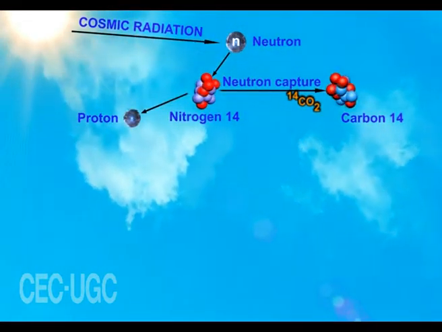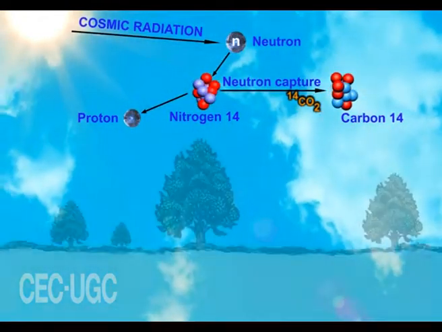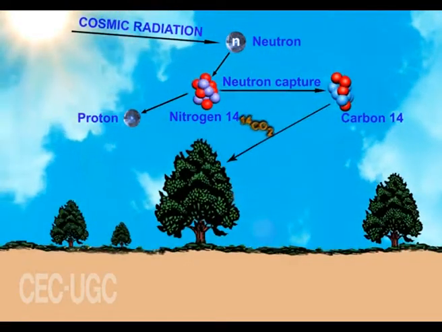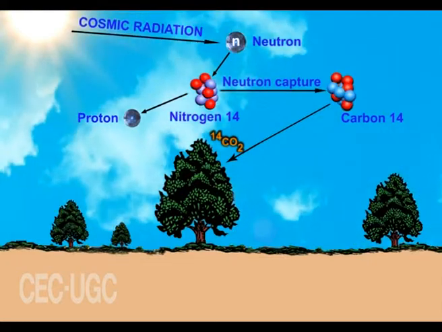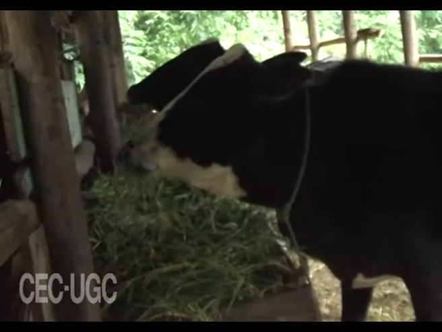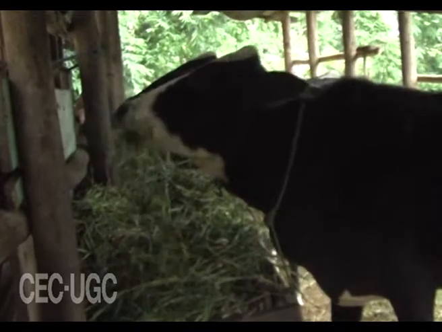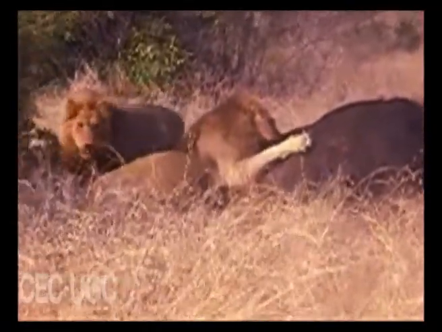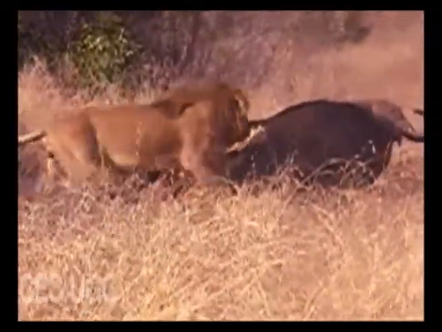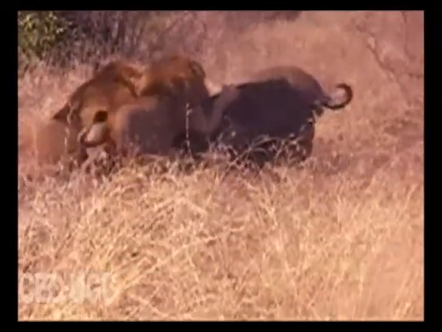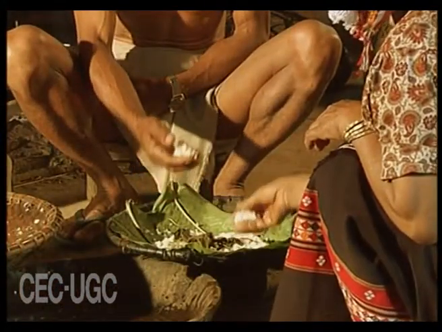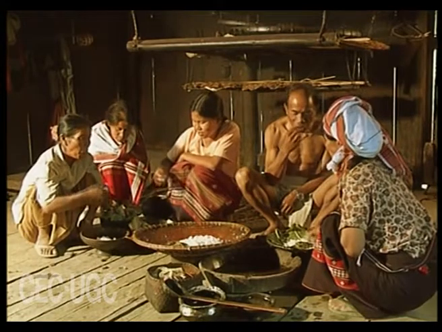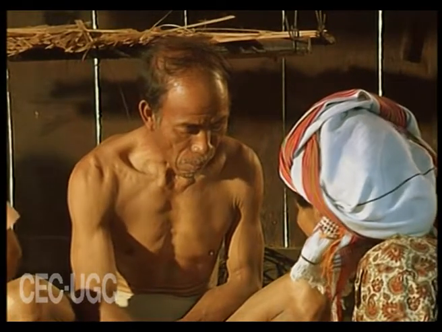This carbon dioxide is absorbed by plant life in the normal way. Herbivores eat the plants and carnivores eat the herbivores, while men, who are omnivores, eat the plants, herbivores and carnivores.